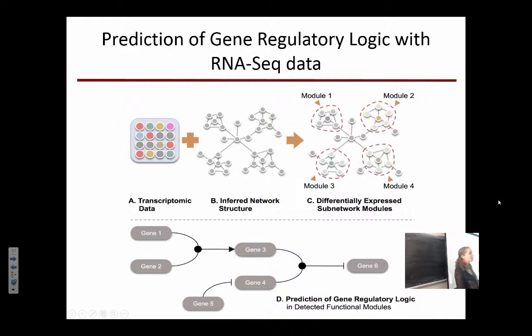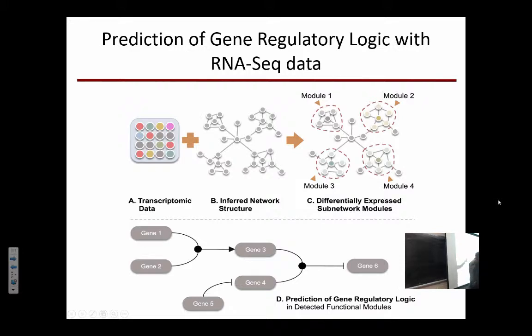So we contacted our friends in electrical and computer engineering, and with their help we came up with the idea to predict gene regulatory logic using RNA-seq data. What do I mean by this? You start out with transcriptomic data, which could be microarrays or RNA-seq. Then you have an inferred network structure, already built from data collected by other scientists and what we know about biological systems.